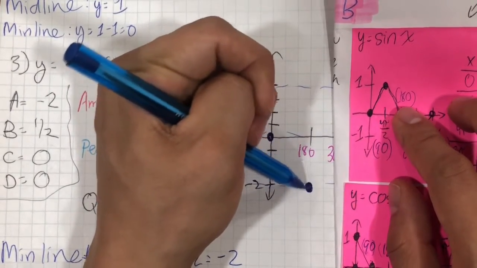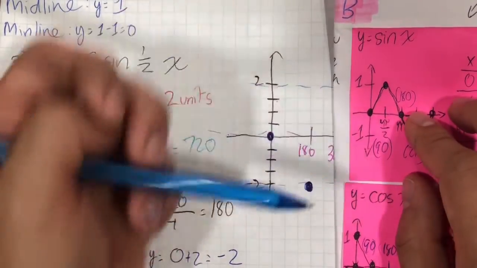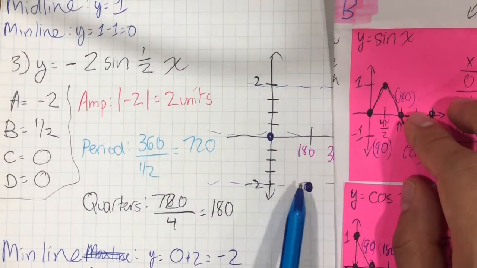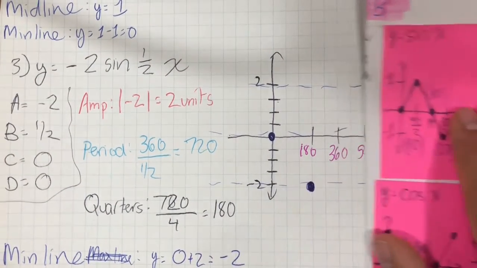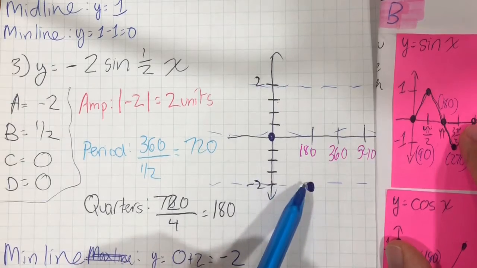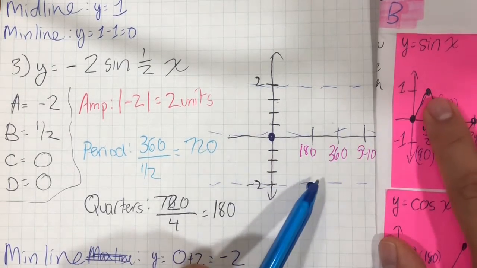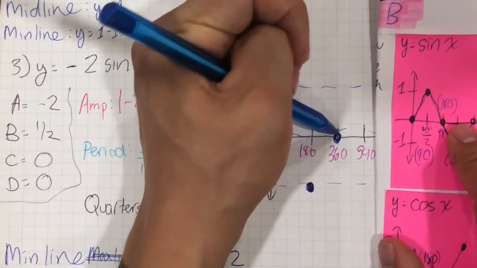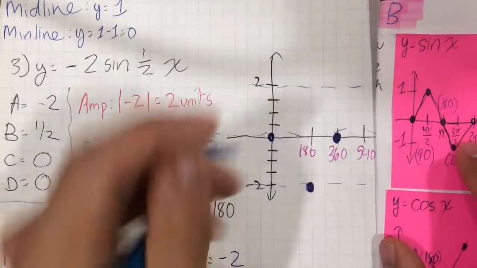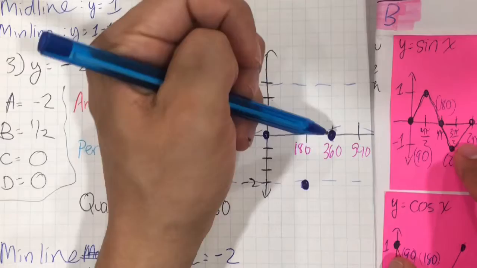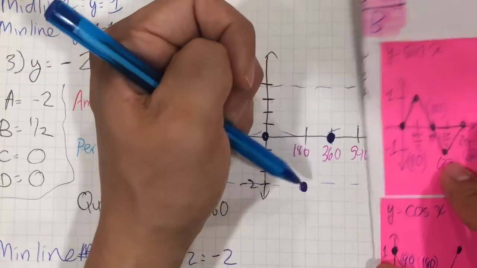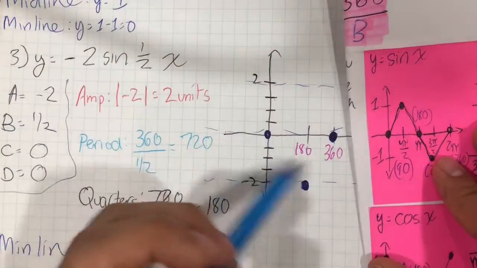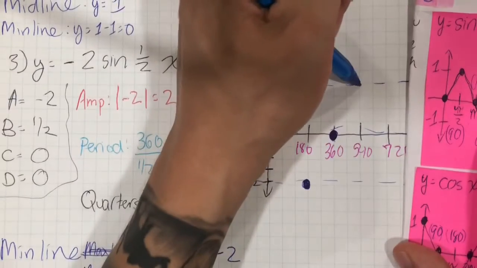Remember, it's being flipped, and I have my new min line. Then we go from min, or originally max, to mid. All of my midpoints stay the same. And then we're going from mid to min, but because we have a negative, that's going to flip and go to the max.